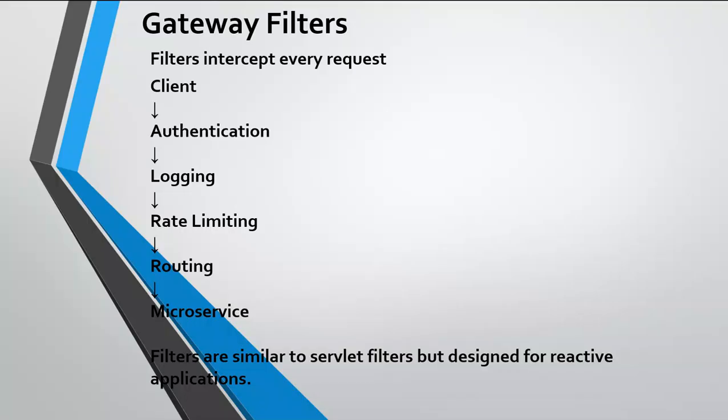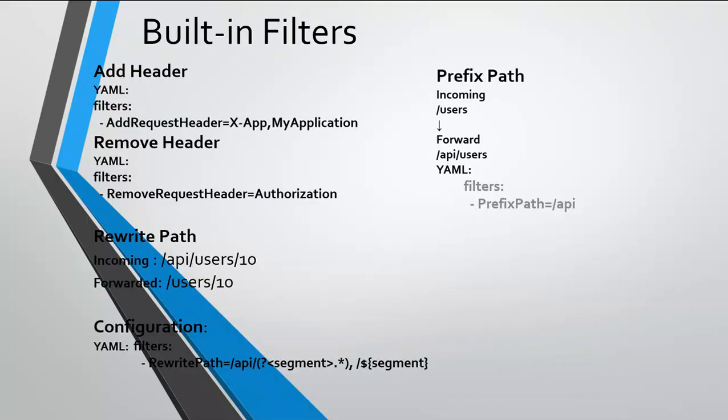Filters are similar to servlet filters, like how we used filters in servlet and Struts applications, and these are designed for reactive applications, like nowadays we have all these applications.